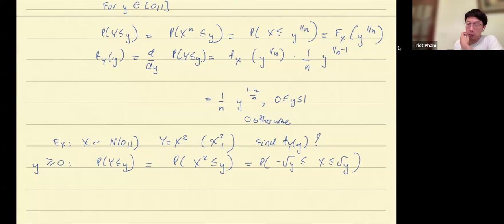But now notice that for the standard normal, the PDF is 1 over square root of 2 pi e to the minus x squared over 2, which is an even function, and I'm pretty sure a lot of you know that is the bell-shaped curve. Which means that the probability that X is between these two is twice the probability that X is from 0 to square root of y.